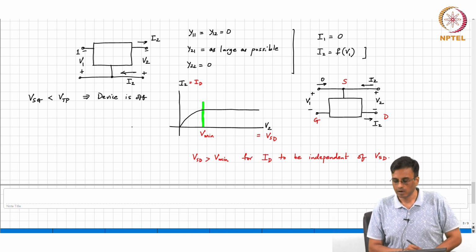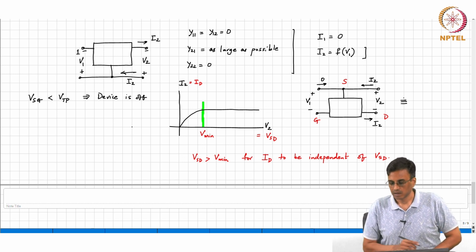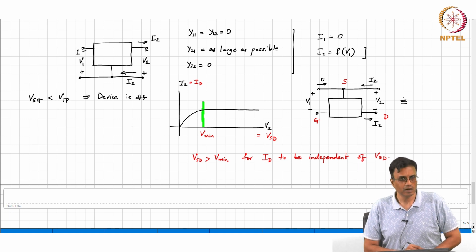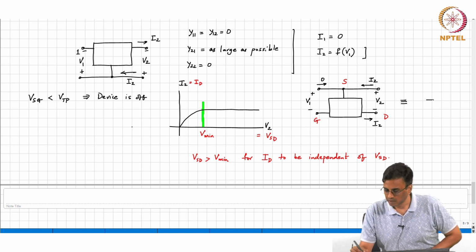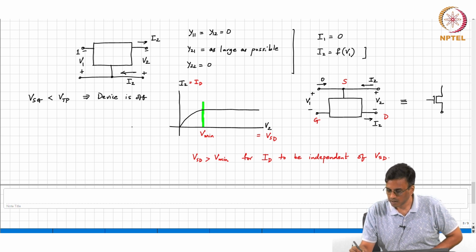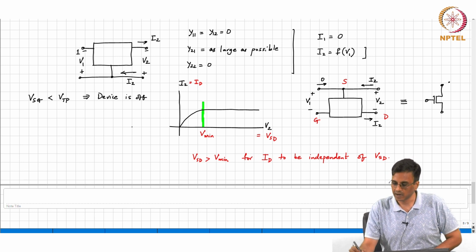By the way, how we draw the symbol is also very similar. For the NMOS transistor, what did we do? The gate, the source and drain are straightforward: source, gate, drain.